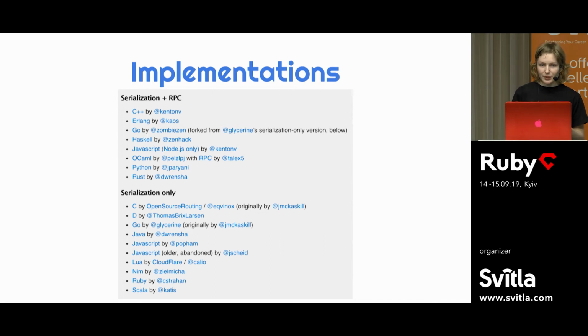Cap'n Proto has a set of implementations. Some of them involve serialization and RPC, and some only serialization. And for Ruby, at least the official site points only to the serialization library.